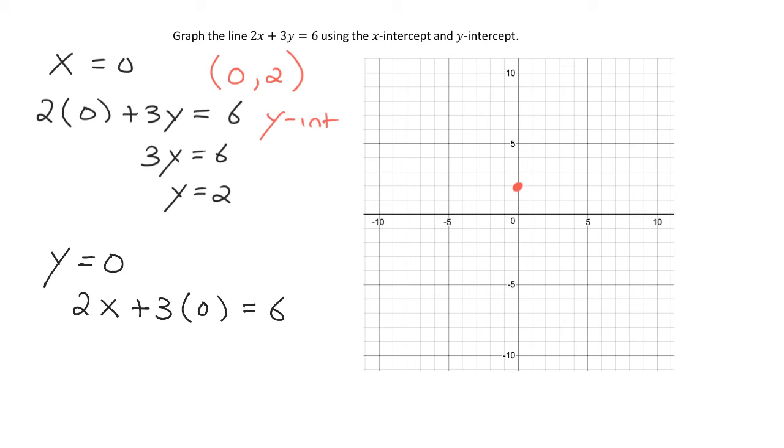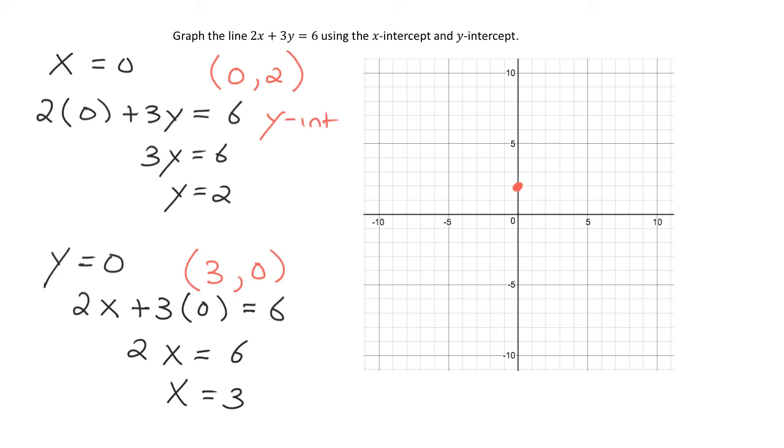And that still is equal to 6. And the part with 0 just cancels, and you're left with 2x is 6. If you divide both sides by 2, you get x is equal to 3. This time, what we just found out, that if x is equal to 3, y is equal to 0.